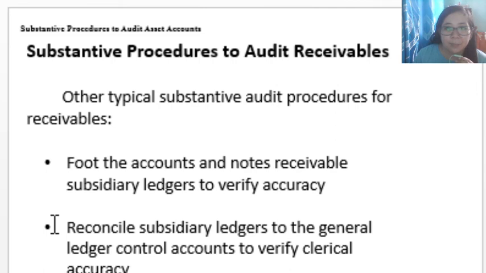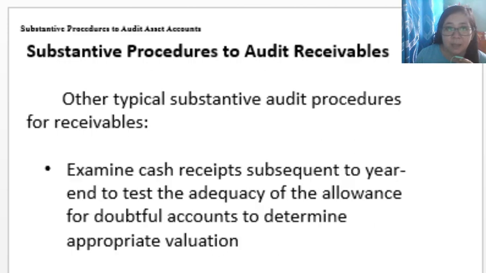Another is the auditor will reconcile subsidiary ledgers to the general ledger control accounts to verify if the amounts forwarded are free from clerical errors, meaning the balances are correctly posted. Another substantive procedure is the auditor can examine the cash receipts subsequent to year end.